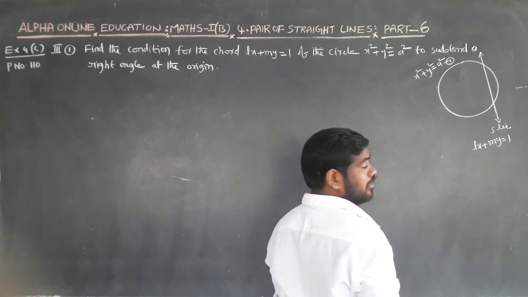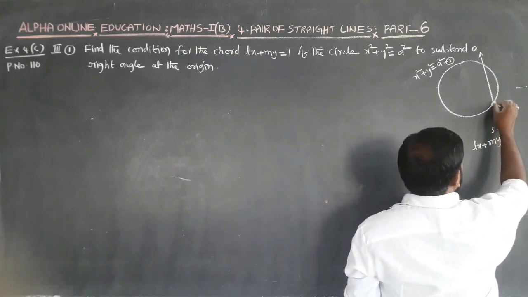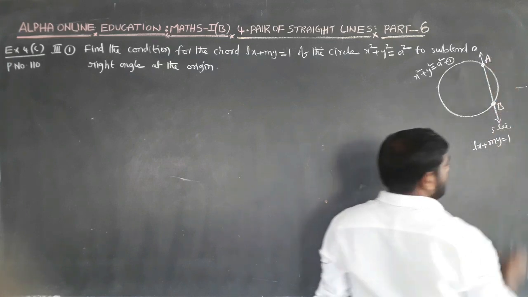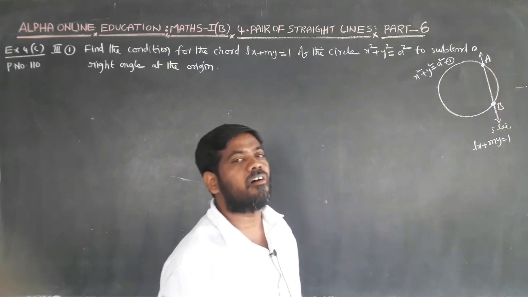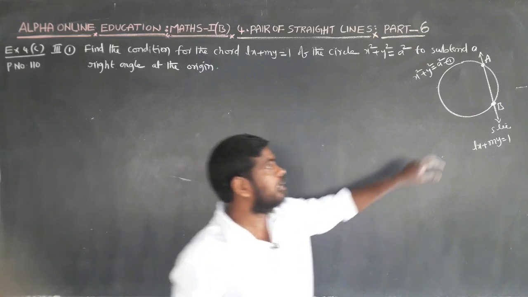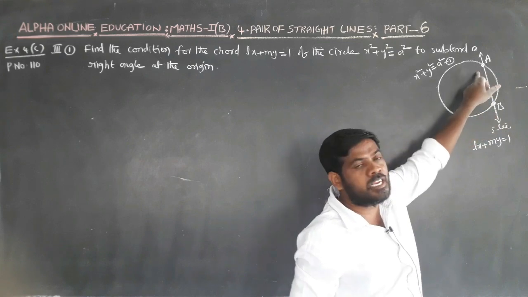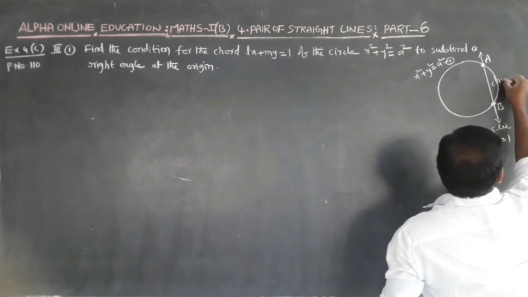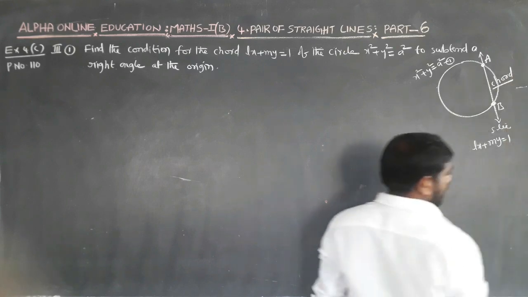The line meets the circle at A and B. Here AB is called the chord. A chord means the line joining any two points on the circle.